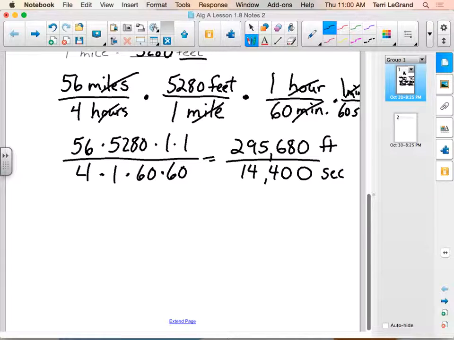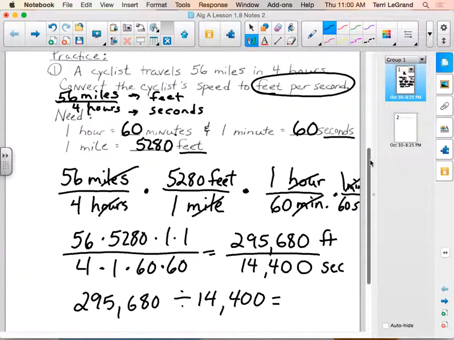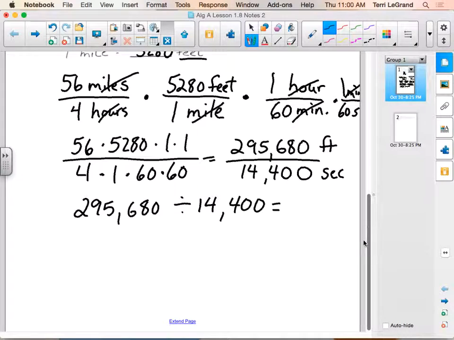And we're going to have the unit rate in the measure that they wanted us to have it in. So the next thing we would do is what? 295,680 divided by 14,400. We would know how many feet per second is really the same as 56 miles per 4 hours.